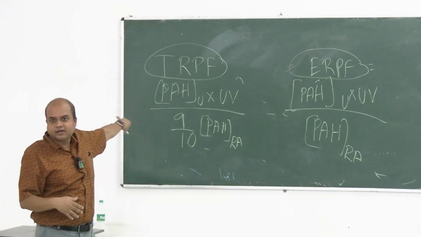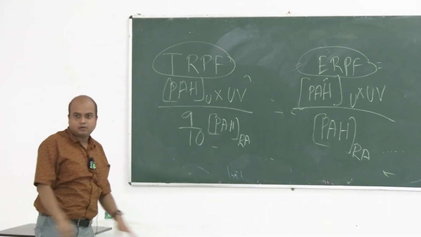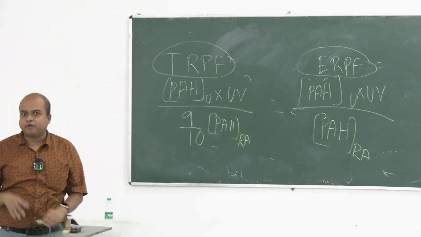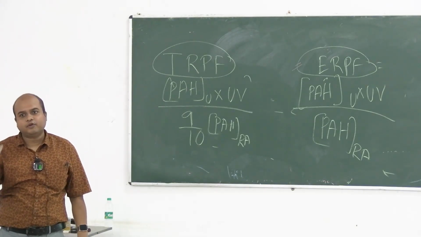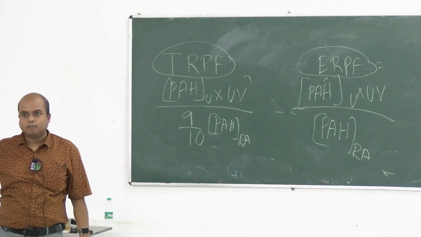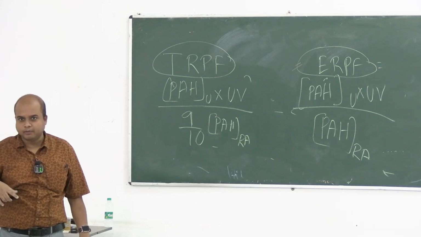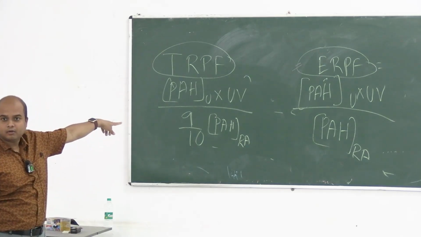Just divide this by this, right? It will be 90%. So effective renal plasma flow, you will be given in mathematical problems in the exam. The values will be given.